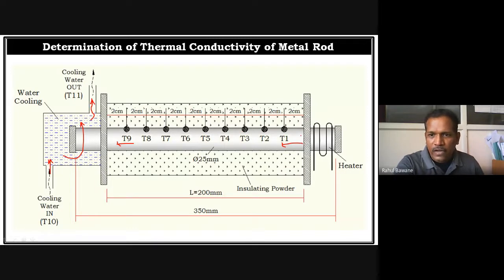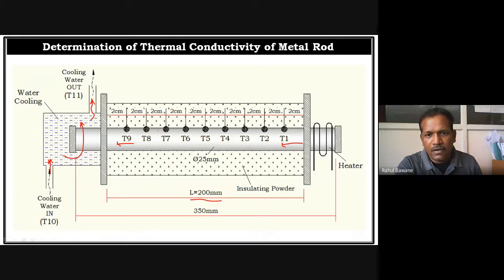Likewise, the temperature we find decreasing from T1 to T9. Now this rod has one end inserted in the heater, the second end inserted in cooling water, and the middle portion is exactly 200 mm length. This is the test length.